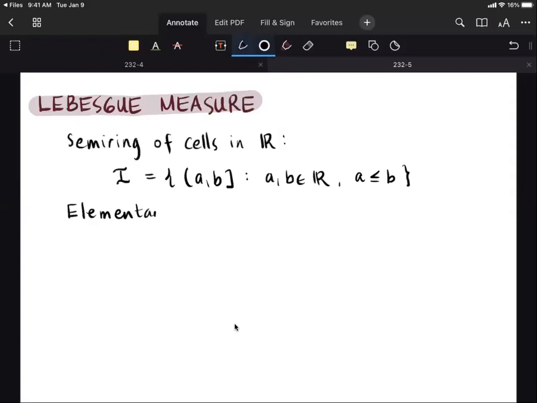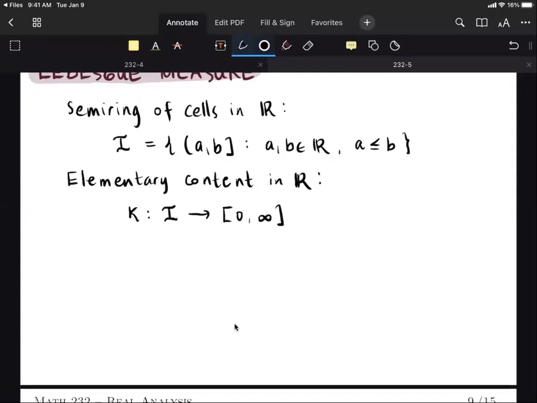And from this, we have the elementary content in R. So we denoted that by kappa. So kappa is defined on all cells. And this kappa is basically equal to, so the content or elementary content of the cell is the difference between the endpoints.